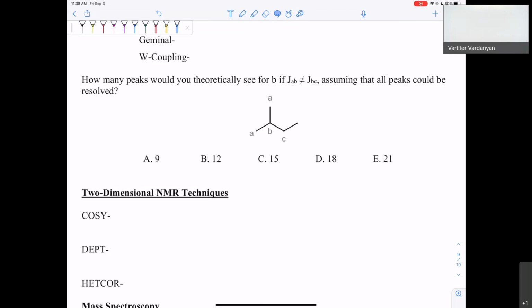So he's saying, theoretically, let's say that JAB does not equal JBC. Let me draw the hydrogens actually.